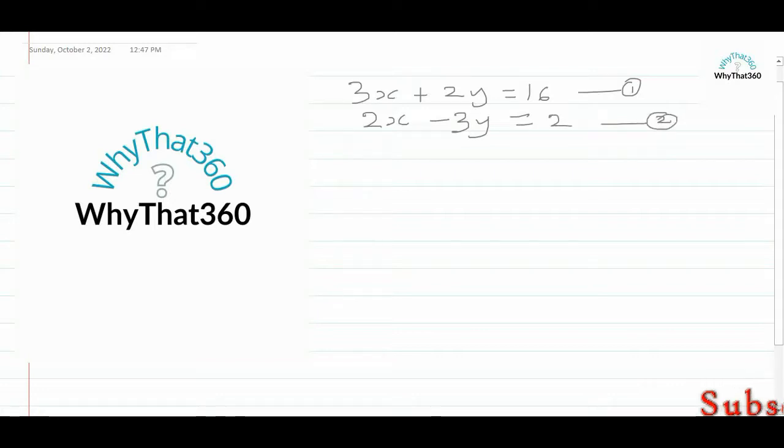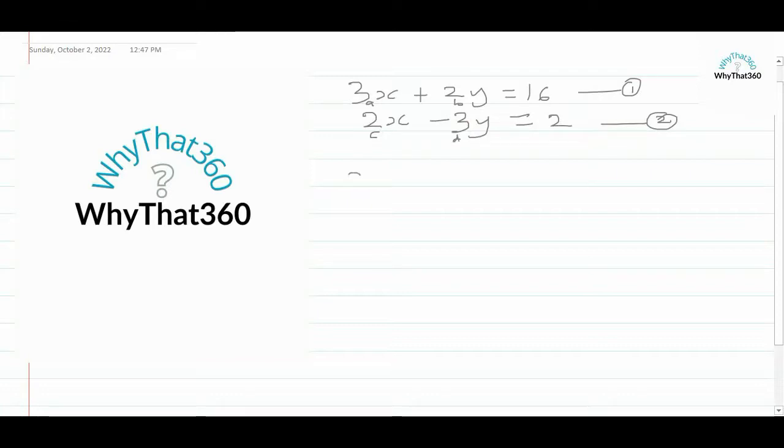So, if we remember the formulas that we got, before we solve for y, if you look at the formula, you can see that both of them have the same denominator, which is AD minus BC. So we will assume this 3 here is our A, this 2 here will be our B, this 2 here will be C, and the negative 3 here will be D. So let's find that first.